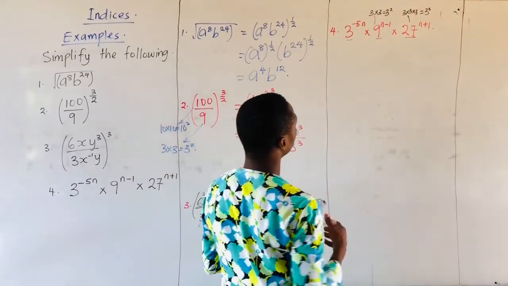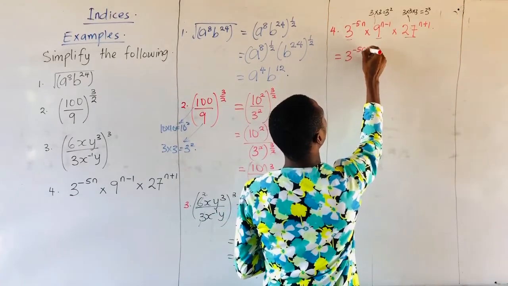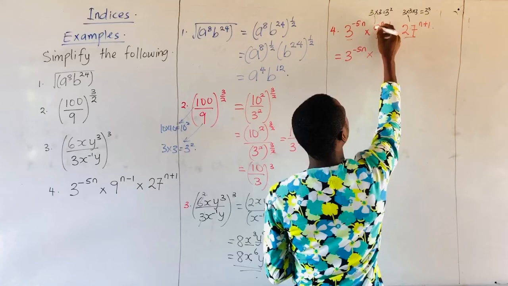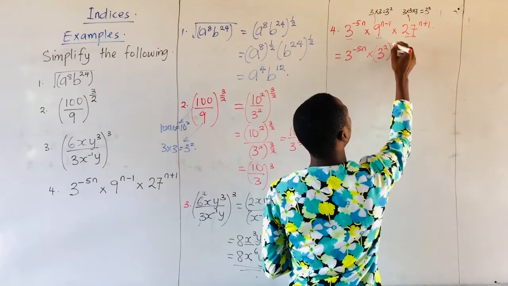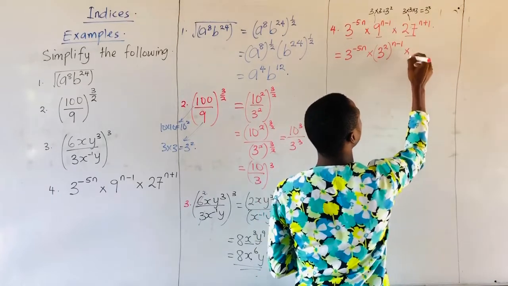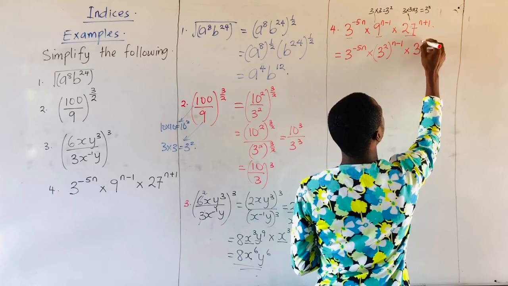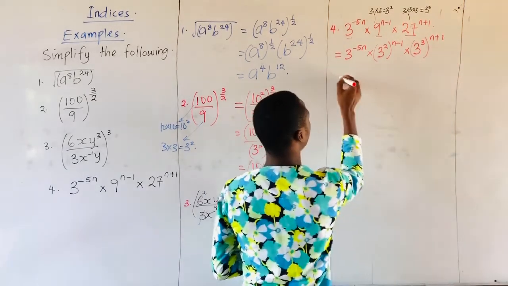And so we will have 3 to the power negative 5n times this 9 will be written as 3 squared, and it is raised to the power n minus 1. And 27 will be 3 to the power 3, it's also raised to the power n plus 1.